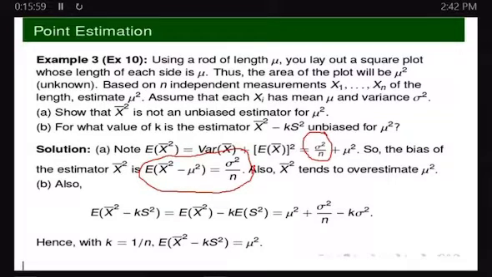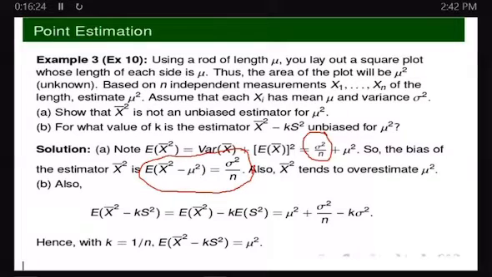Now, if you consider X bar squared as an estimator, okay, what is the implication? When an estimator is biased, the bias could be negative, could be positive. When the bias is positive, it means the estimator will overestimate.